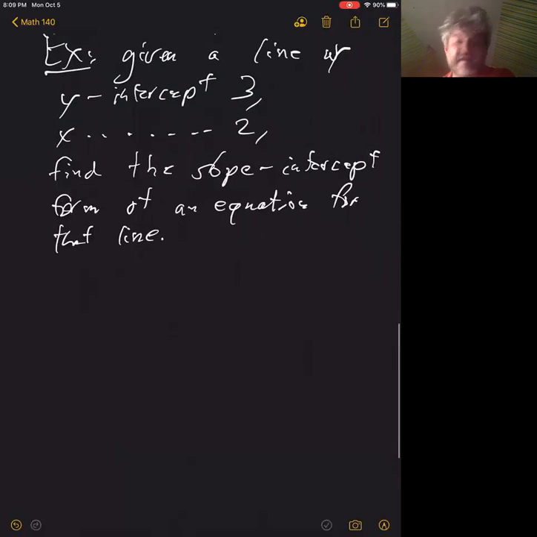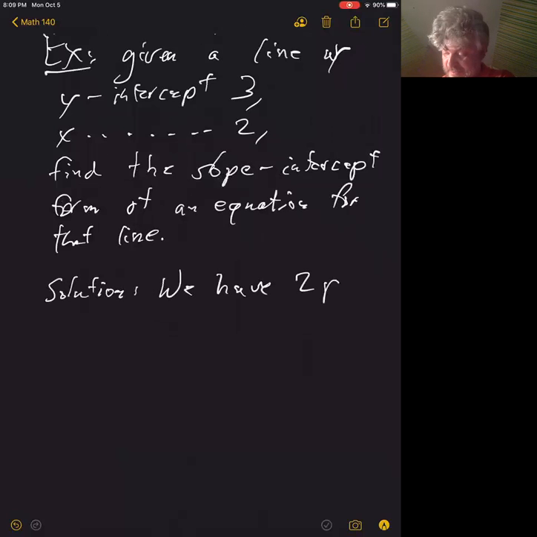And the answer is that the two intercepts give you 2 points. You start with those 2 points, namely 0, 3 from the y-intercept and 2, 0 from the x-intercept.